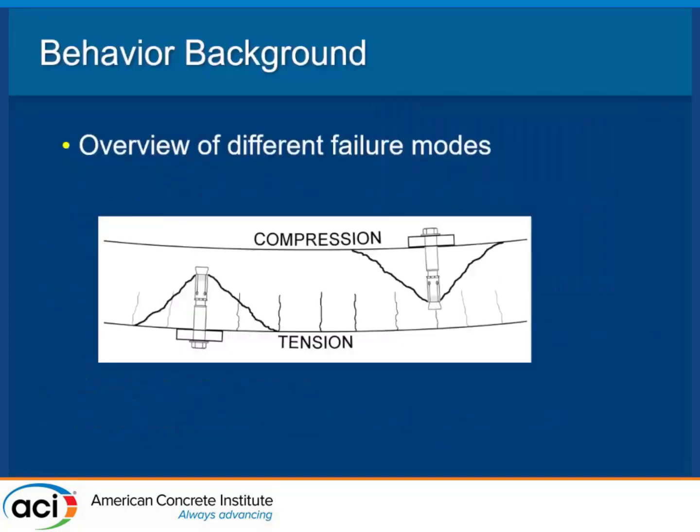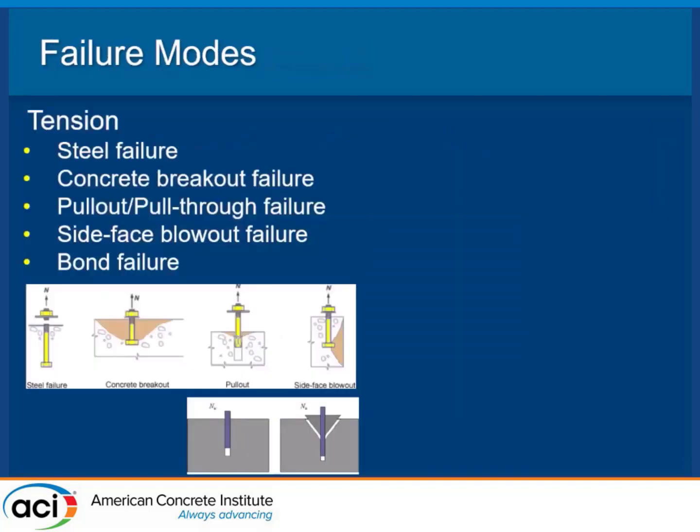So anchor behavior. We'll talk a little bit about cracking since we actually already brought that up. We're going to go over each one of these failures later, so we're going to first introduce this in the overall introduction. But we have these different types of failure modes.